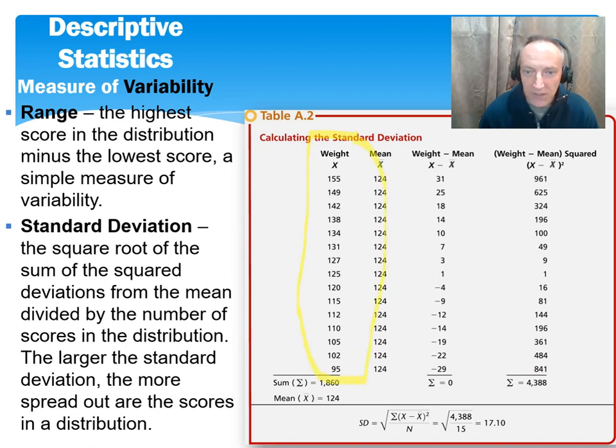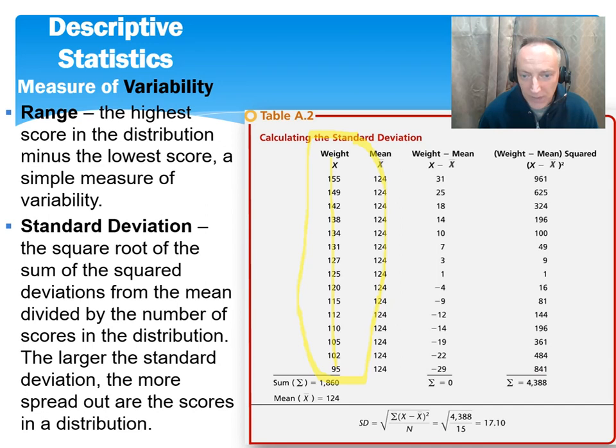We calculated the mean and we found we have a mean of 124 pounds. But if you look at your people, not a single one of them is exactly 124 pounds. So to calculate the standard deviation, we take each value that we gathered and we subtract 124 from it so that we can see how far away from the mean you are.